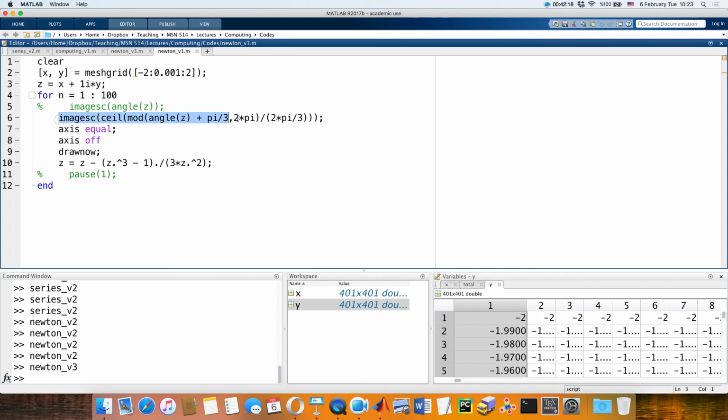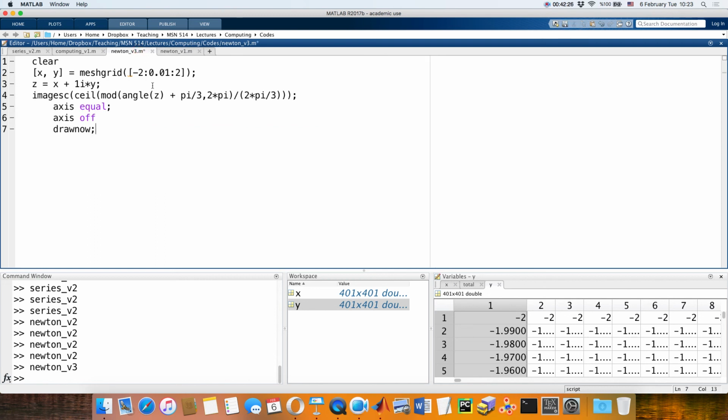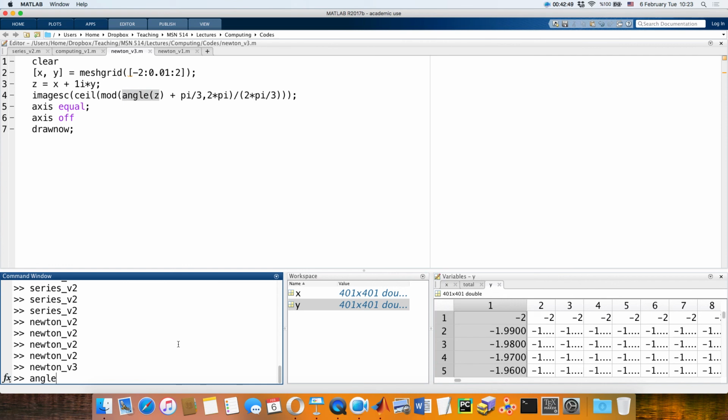I will write one more line and let's see what happens. I'm basically cheating from here. What it does is quite complicated actually. It takes the mod with respect to 2 pi, and before that, the main thing here is angle of z. What it means? It gives you the angle of the complex number. So if it's, for example, 1, then the angle is 0.